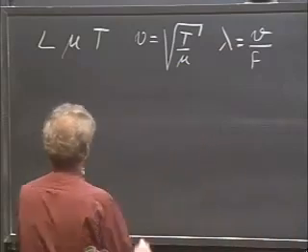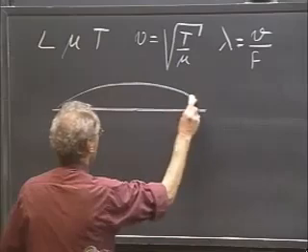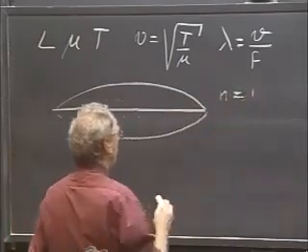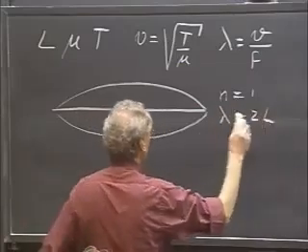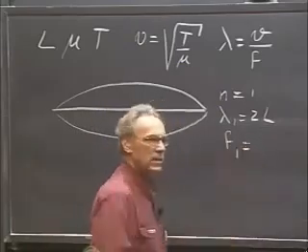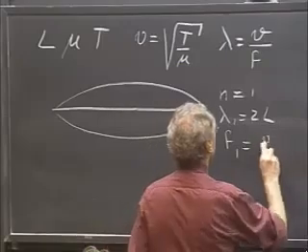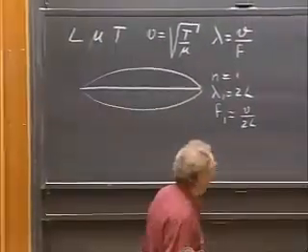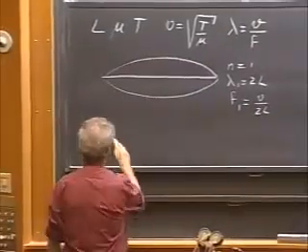And so in its lowest mode, we call that the fundamental, first harmonic, you will get this situation, n equals 1, and lambda 1 is clearly 2L, if this length is L, and the frequency is then V divided by 2L, so that's the frequency for the lowest possible mode. First harmonic.